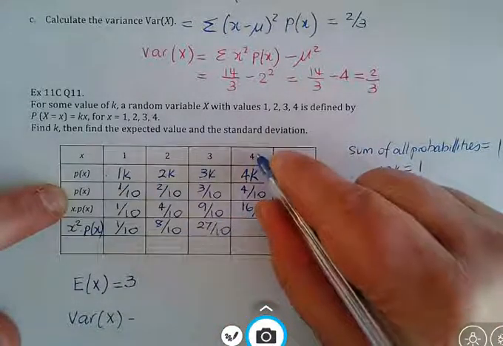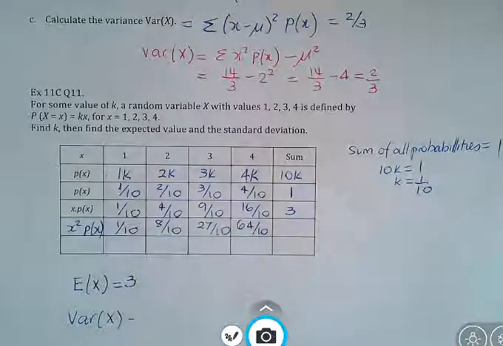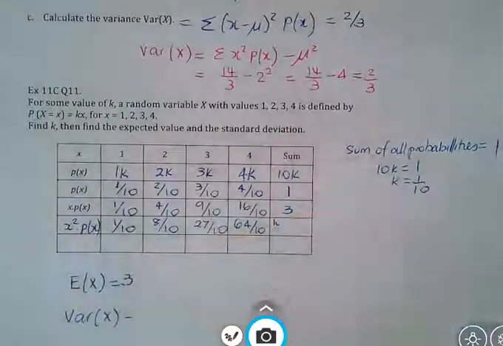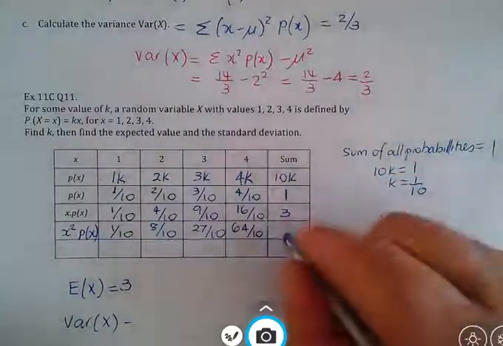And 4 squared, that's 16 times 4/10, that's 64/10. And then adding that up, we get 100 over 10, which is 10.